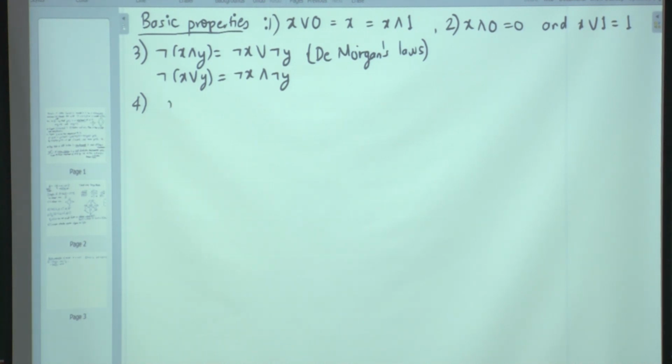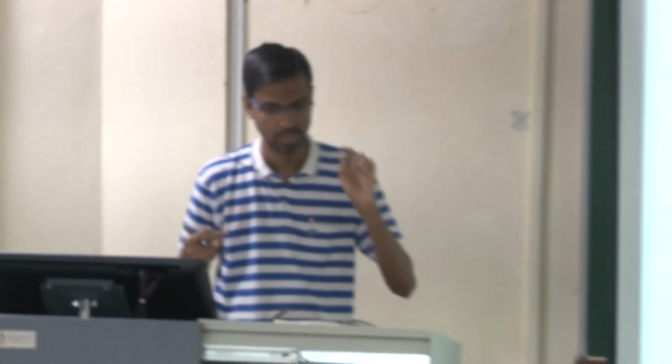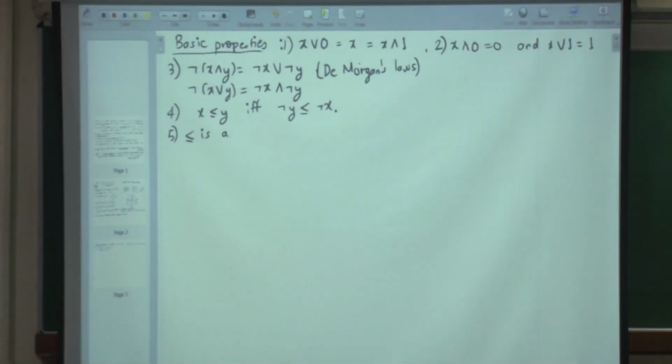So x is less equal y if and only if negation y is less equal negation x. Yeah, so negation is actually order reversing. Okay, then another property, that less equal is a congruence relation.